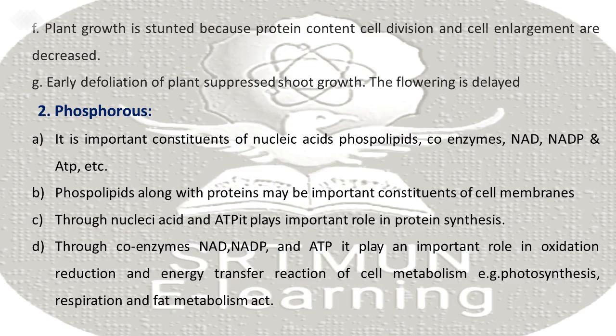Next, plant growth is stunted because protein content, cell division and cell enlargement are reduced. Early defoliation of plants, suppressed shoot growth, and the flowering is delayed.